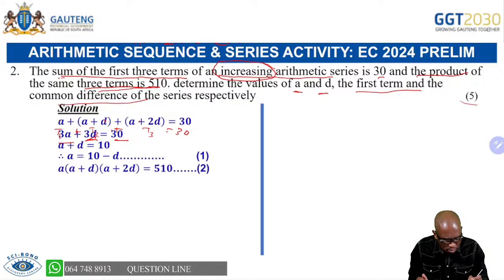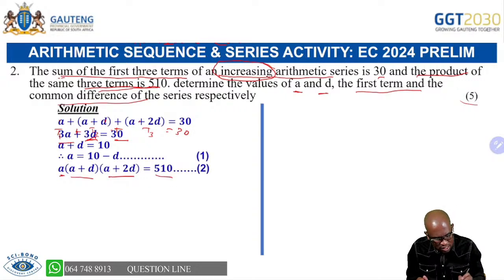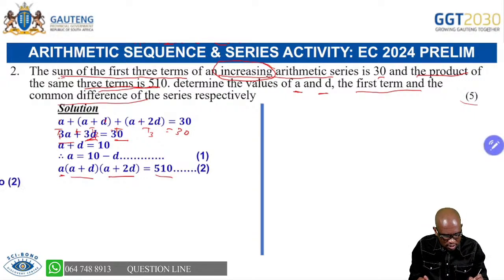Moving right along, the product now, T1 times T2 times T3, gives us 510. What we can do is substitute.